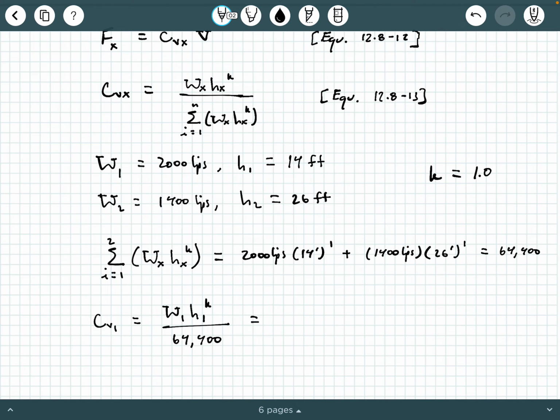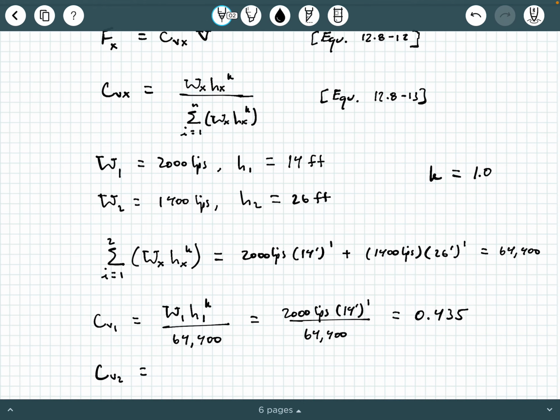So let's say that's 2,000 kips times 14 feet to the first power over 64,400. And let's see what we get. Okay, I get 0.435. You can maybe take that out to a few more decimal places.